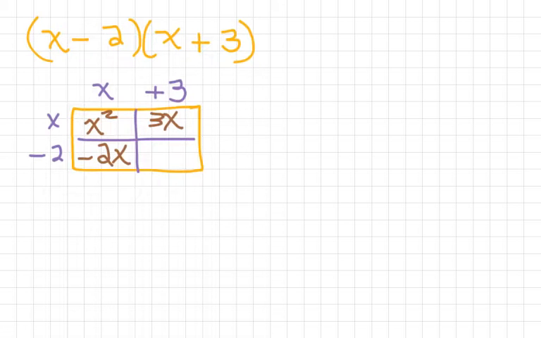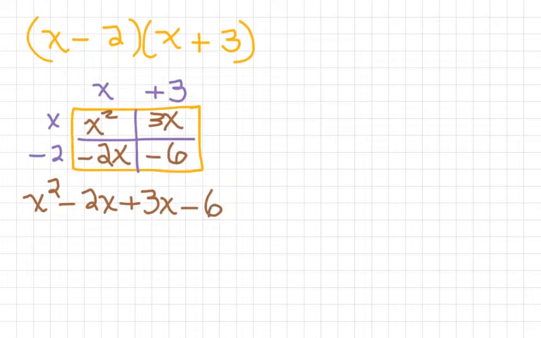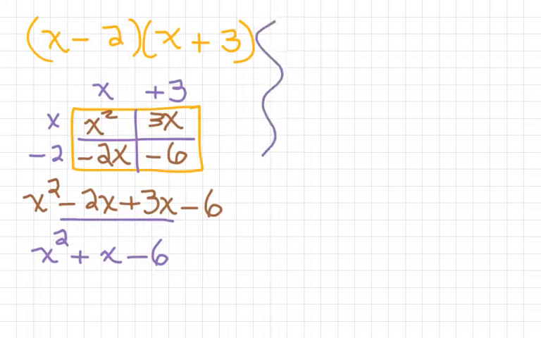And negative 2 times positive 3 is negative 6. I'm therefore going to go ahead and combine all my like terms inside by going x squared minus 2x plus 3x minus 6. Continue to simplify and combine like terms. I've got x squared plus 1x minus 6. So that's using an area model.